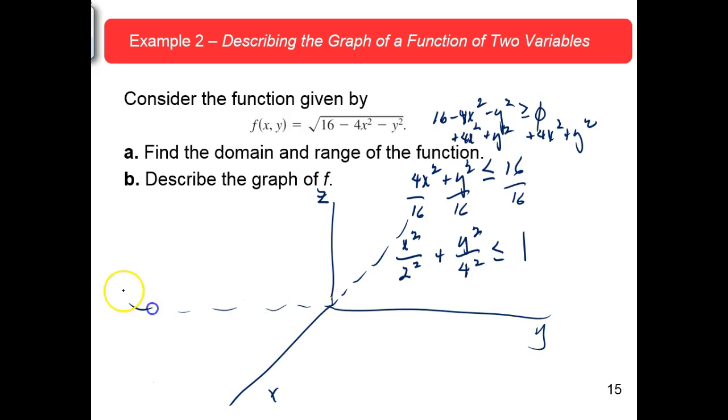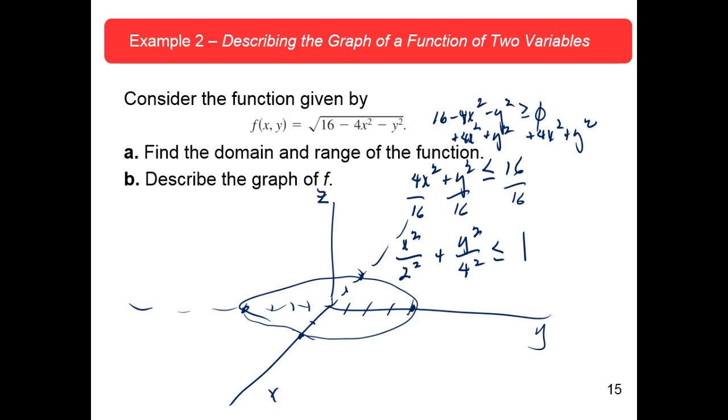I'm dotting the negative part. So you go out 2 here, that's going to be the limit there. Here, 4. Here, 2. Here, 4. So this will be an ellipse of that general shape. That doesn't look much like an ellipse, but you get the general idea of it.